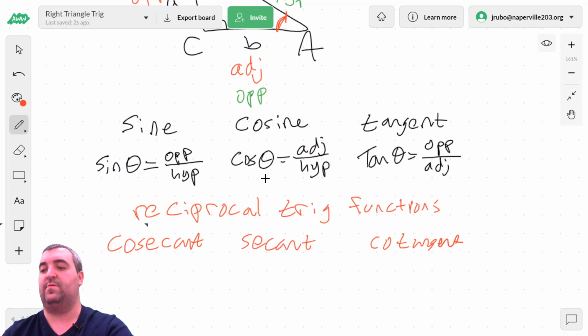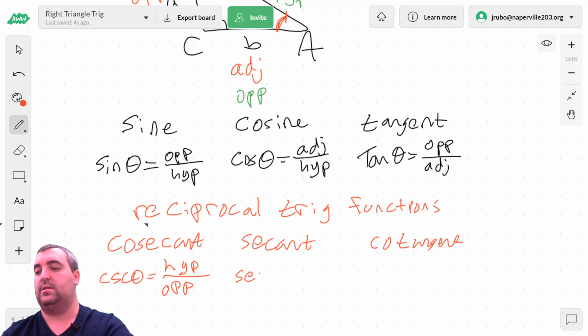And I wrote them in this order for this reason. Cosecant is the reciprocal of sine. So if you know what sine is, you take the fraction and you flip it. So it's the hypotenuse over the opposite. That is what reciprocal means. Secant of an angle will be the reciprocal of cosine, so it's the hypotenuse over the adjacent.